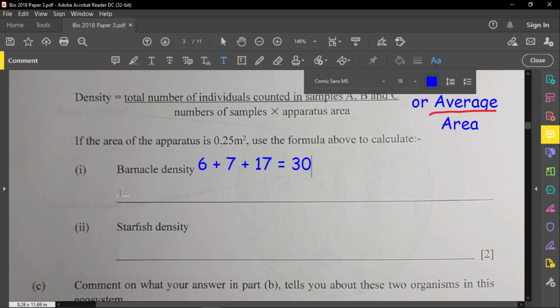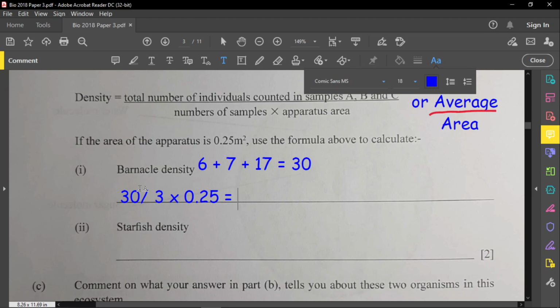All right, so let's go into the equation now. It'll be 30 over the number of samples, which is 3, multiplied by 0.25. So this will be 30 divided by 3 multiplied by 0.25. All of this is equal to 30 over 0.75, because 3 multiplied by 0.25 is 0.75.